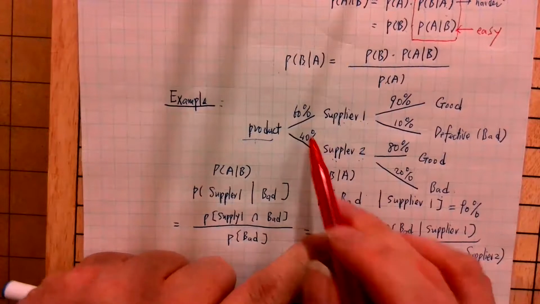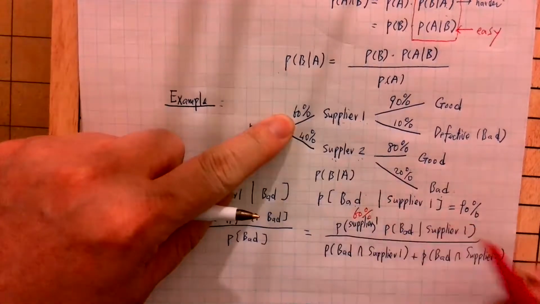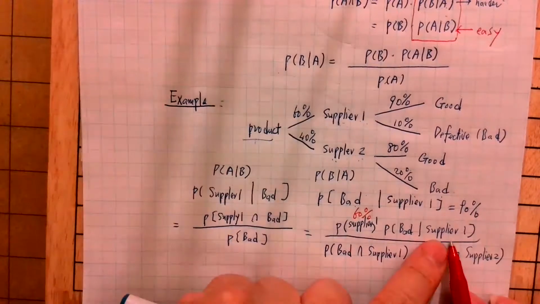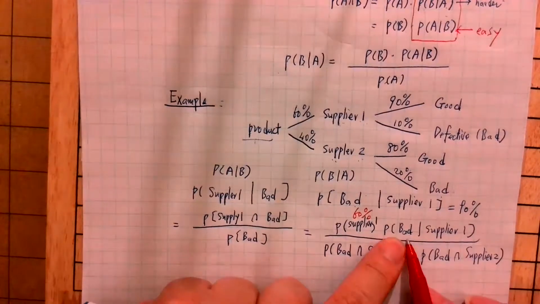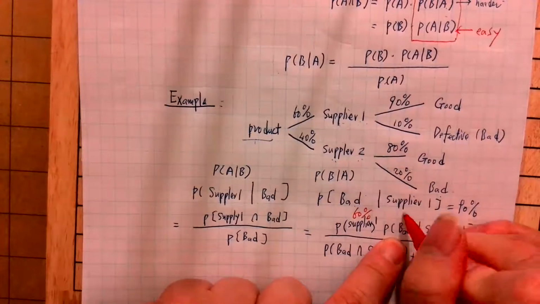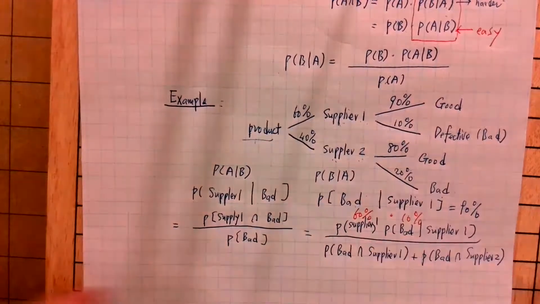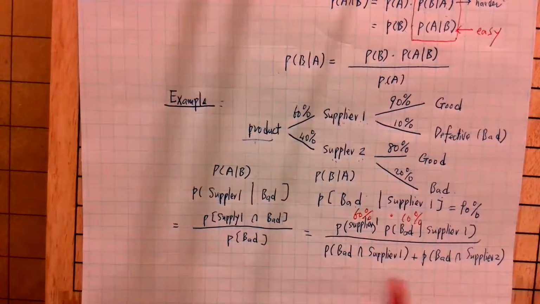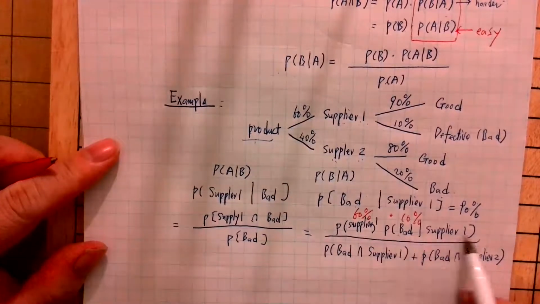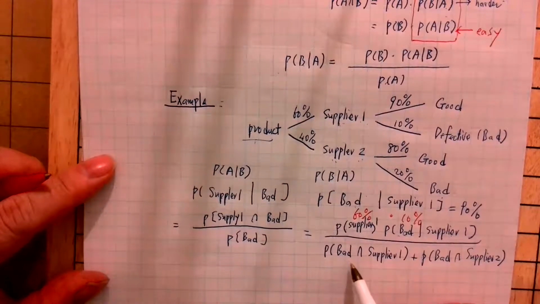Supplier one is what? 60%. And given this is from supplier one, how likely is it bad? Only 10%. Okay, so same thing, we're going to convert this one. Remember, this is the easy one, and this is the hard one. How do we deal with this one?